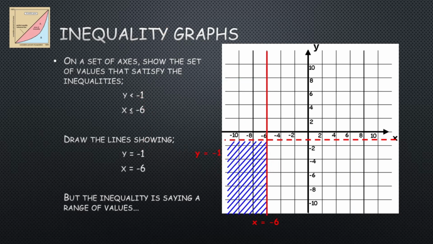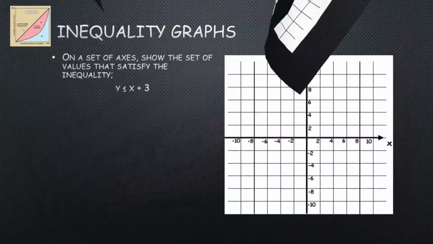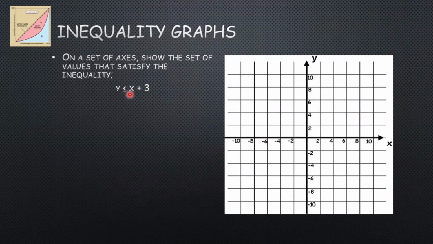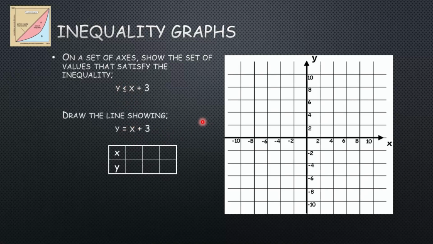Let's take another example. In this type of example we have a linear inequality containing both y and x. First we construct the line using the trial and error method, putting in x values to get y. First we put x equals 0, so y equals 3.